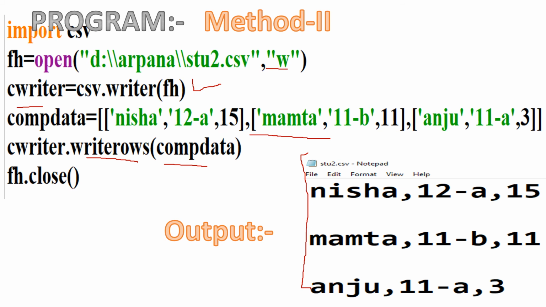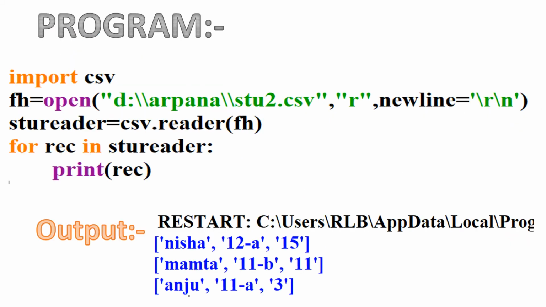Because in the second method we are going to handle the situation in reading, such a file we will read using this program, that is, import csv, fh is equal to open the file, specify the path, and specify the mode, which is read mode because you are reading. Now while reading, you will use the newline argument with the value \r\n. So \r is carriage return, \n is the newline character.